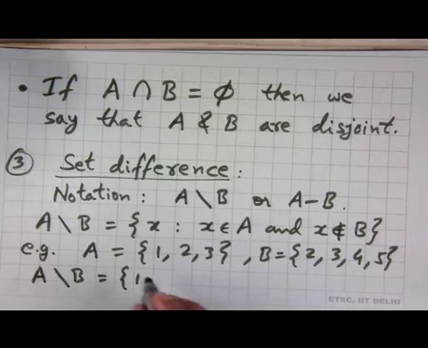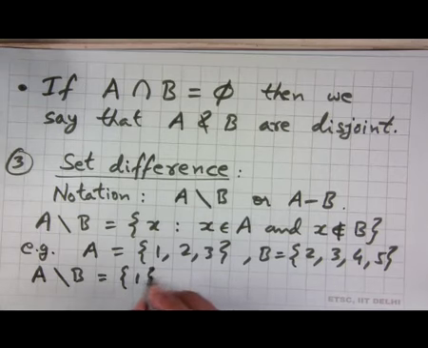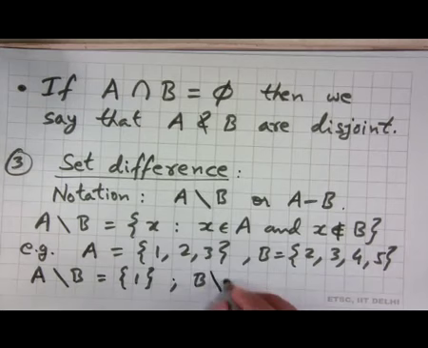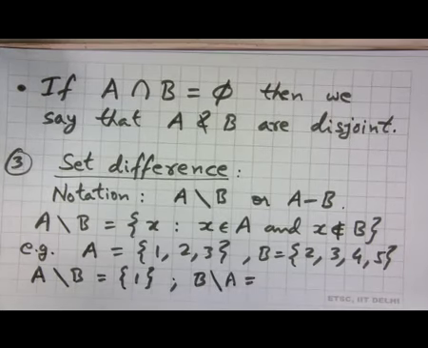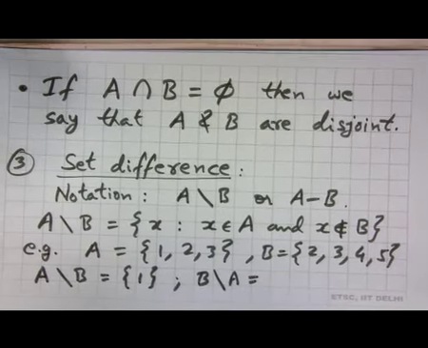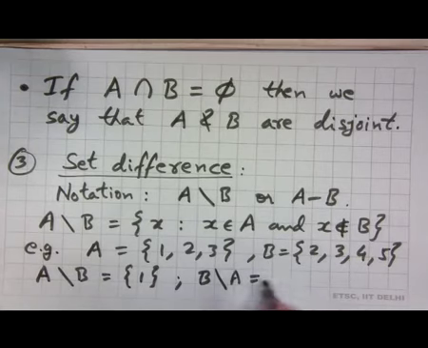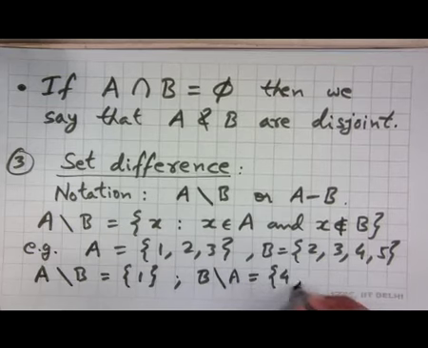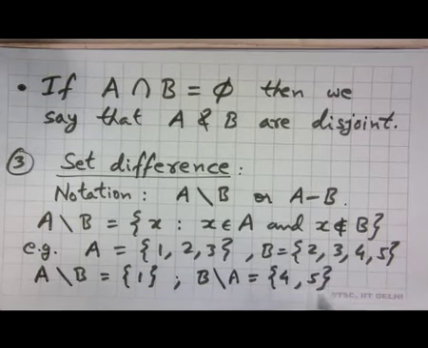So, we do not include these in the set difference. Similarly, if you write B minus A, you have to write down all the elements of B which are not in A. So, 2 and 3 are in A, but 4 and 5 are not in A. So, B minus A consists of 4 and 5.